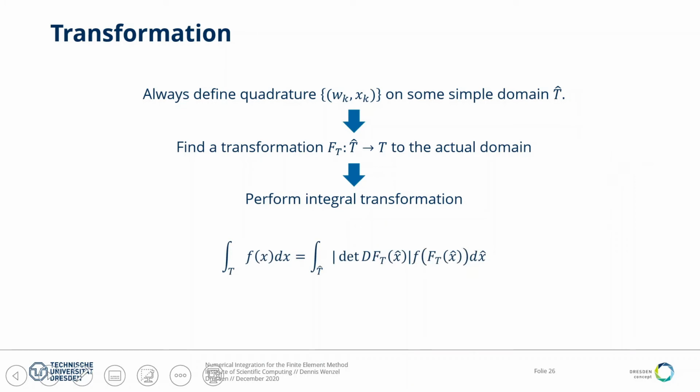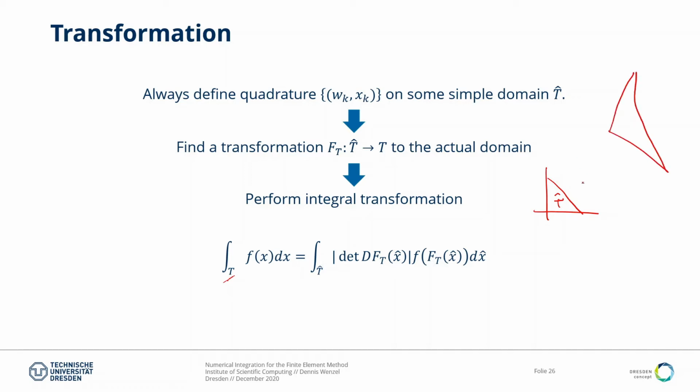Let's look at this a bit more in detail. So if you have an integral given over a certain domain T of some function, and you want to transform it back to some other domain T hat, our simple reference, you can always have in your mind that just like before, T hat is that simple reference cell and T is some other triangle.